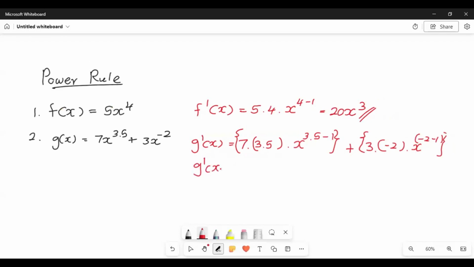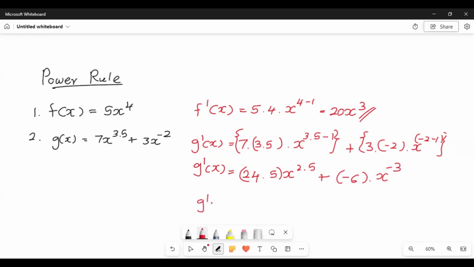g dash x equals 7 times 3.5, which is 24.5, times x to the power of 3.5 minus 1, which is 2.5, plus 3 times negative 2, which is negative 6, times x to the power of negative 3.